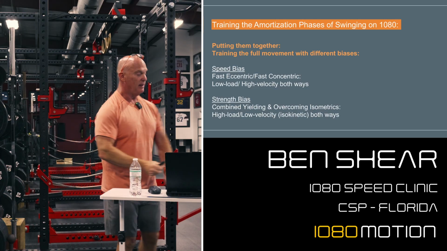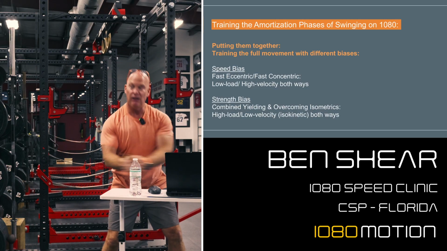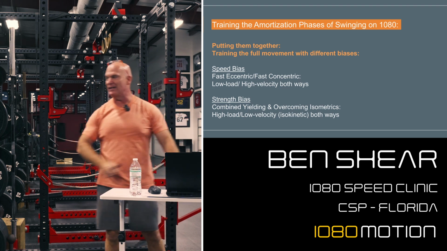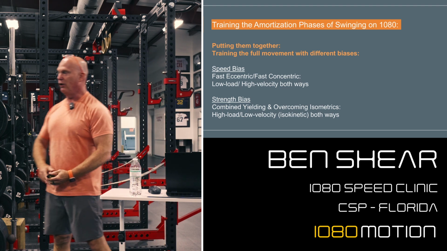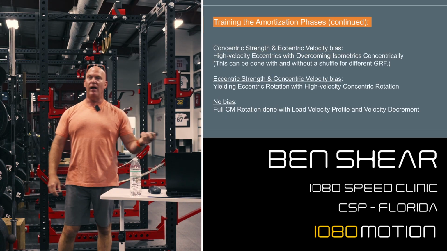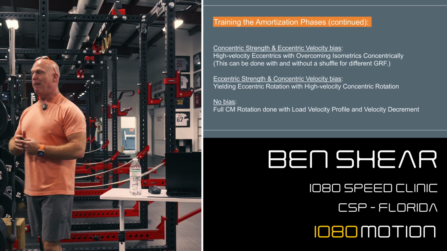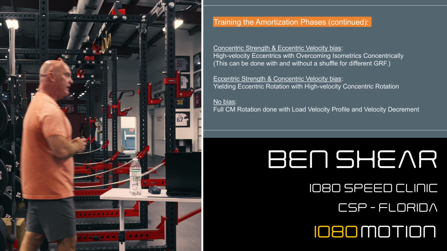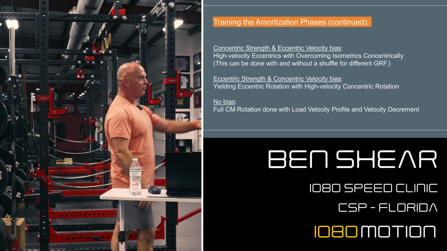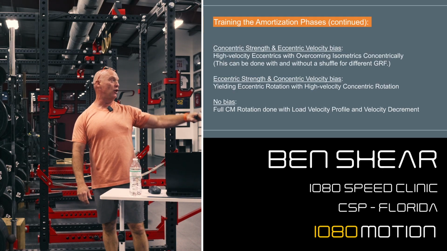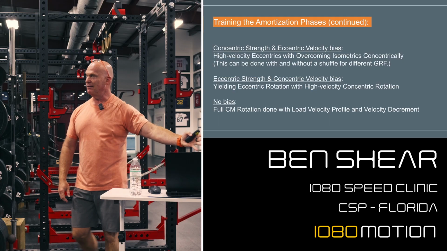So I can do this, like I said, I could be overcoming, and I could be literally firing that thing as hard as I can under low load and looking at what type of velocities I could potentially hit doing it. And then you might go, well, there's not one thing that's bad. It's kind of like just all needs to be better, and I want to do the complete motion, right? So I could have a speed bias program where I'm doing fast eccentric, fast concentric, low load, high velocity both ways.